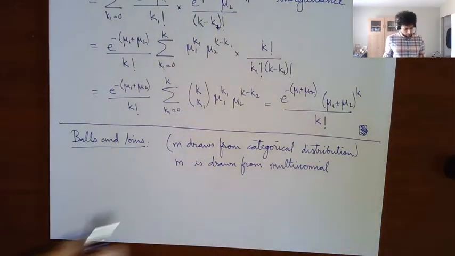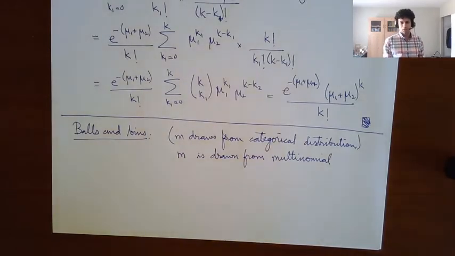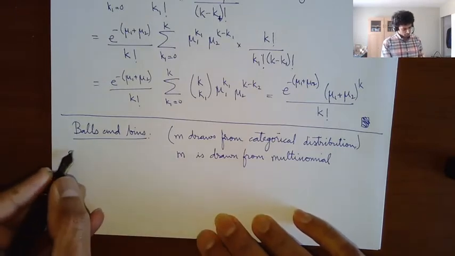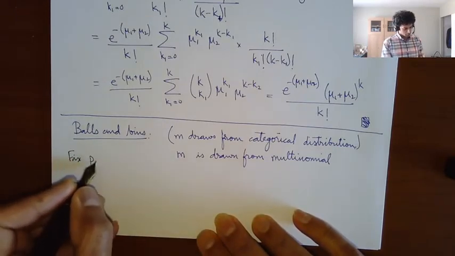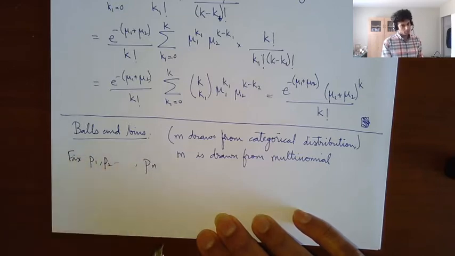Okay, so we did M draws, and again I'm going to switch between saying draws and balls, but I really mean the same thing. So let's fix M here. Let's fix the distribution P1, P2 to Pn.